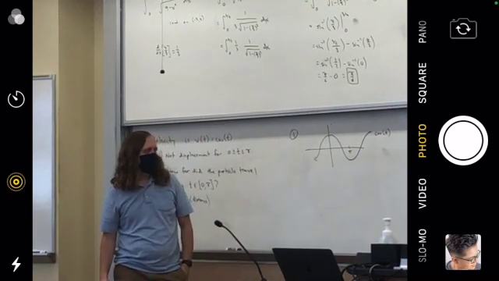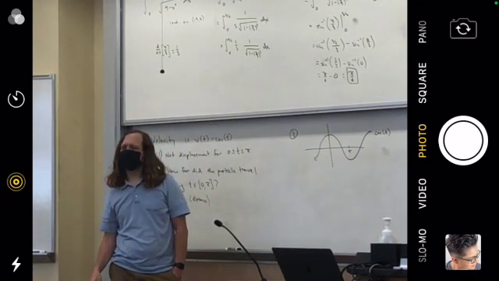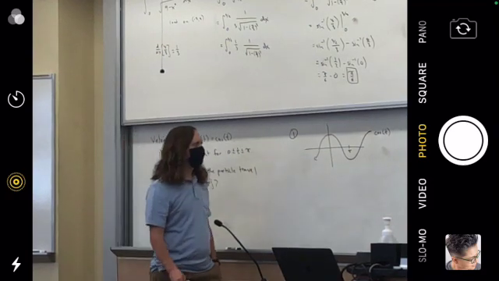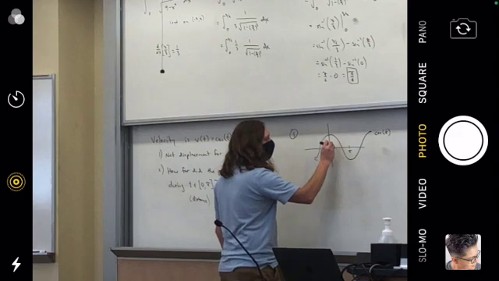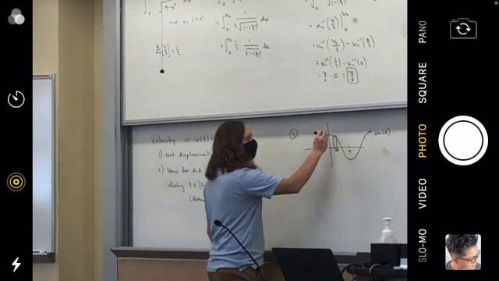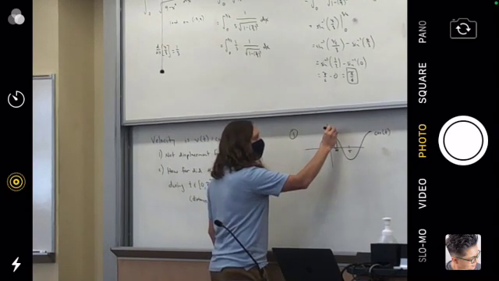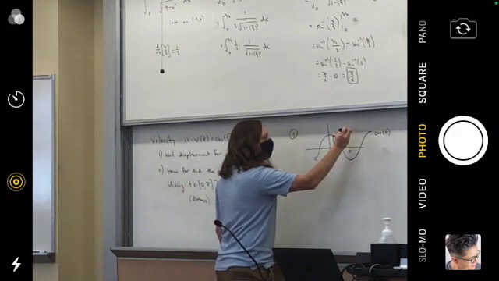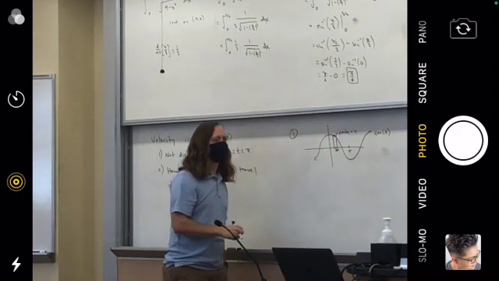Why would I want to use area to get my displacement? Let's think about a rectangle. So I'm on some interval delta t, and I have some velocity equal to y, whatever.